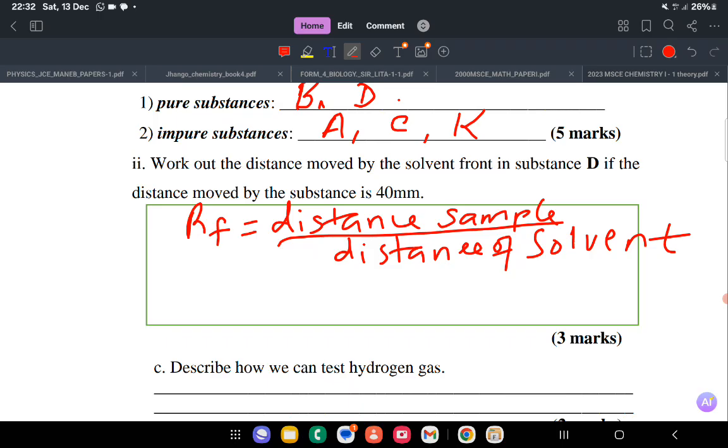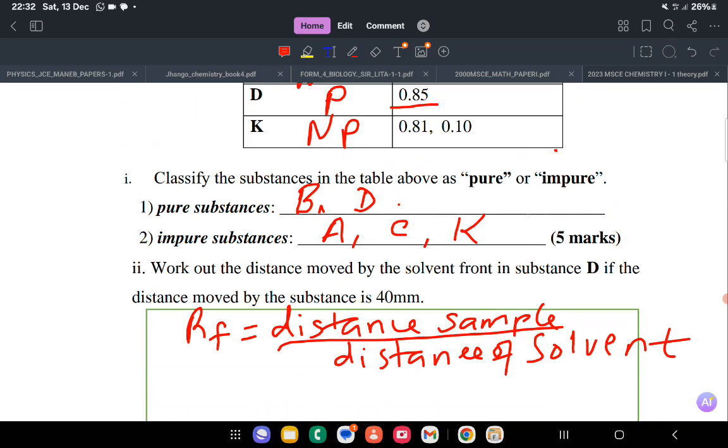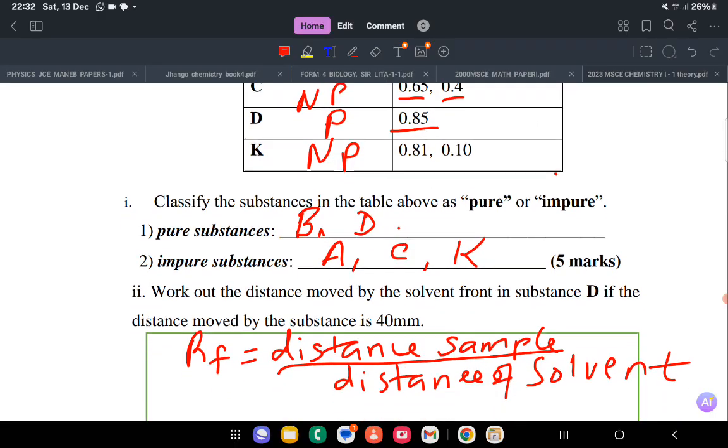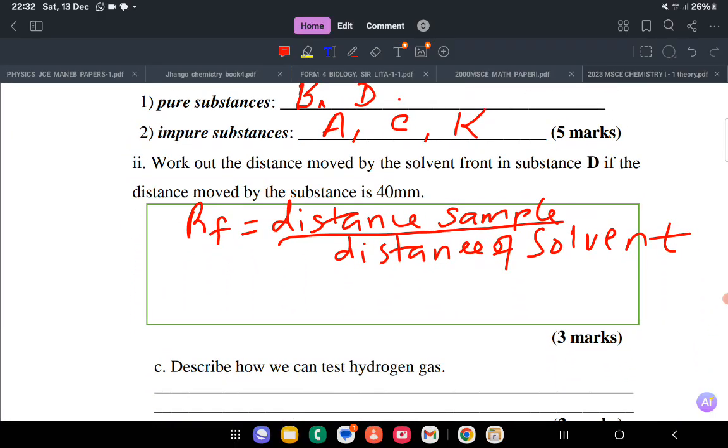So for substance D, all we have to do is substitute the given values. We are told it's 0.85, so we get 0.85.